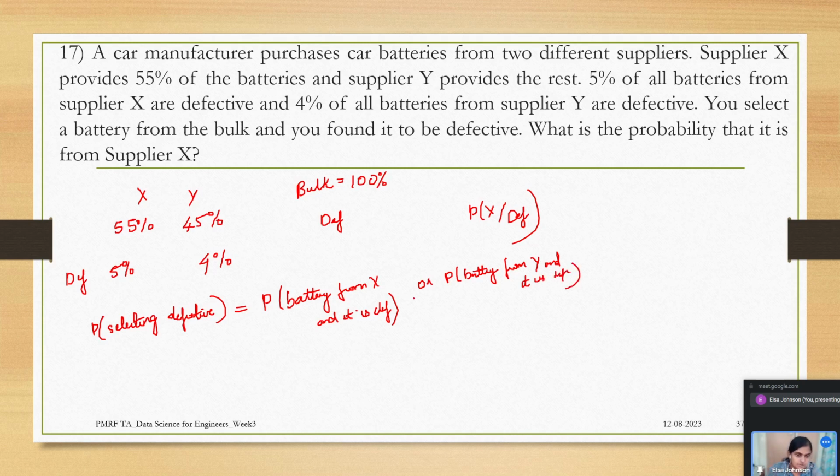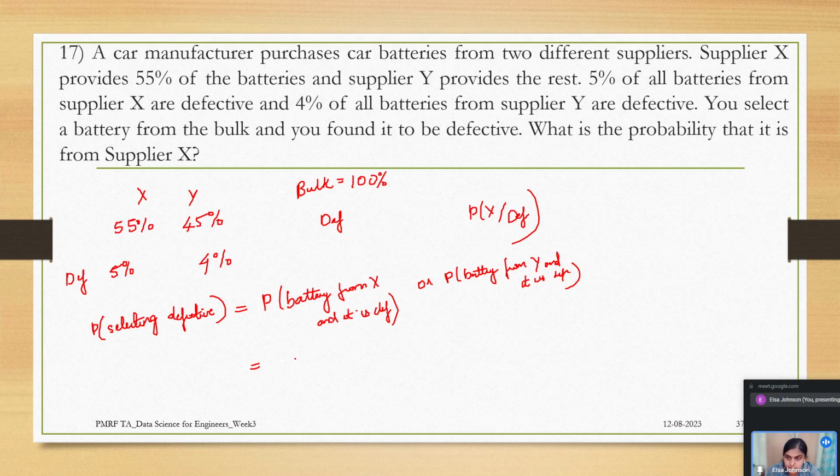That is the case. The probability from X and defective includes the probability that it is X as well as the probability that it is defective.